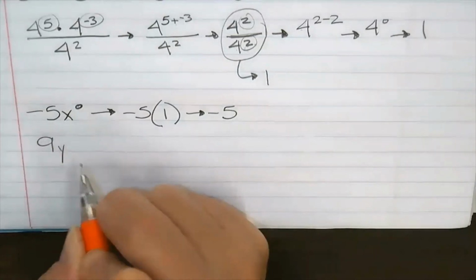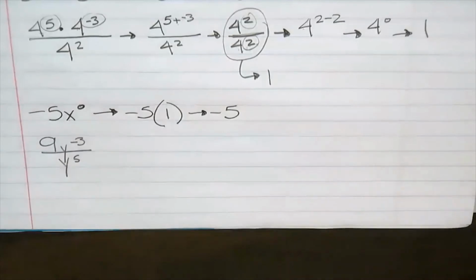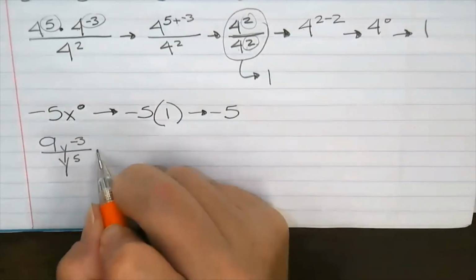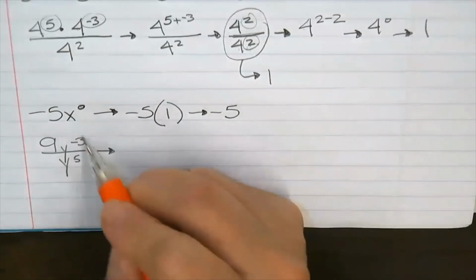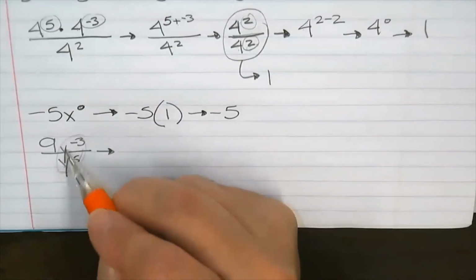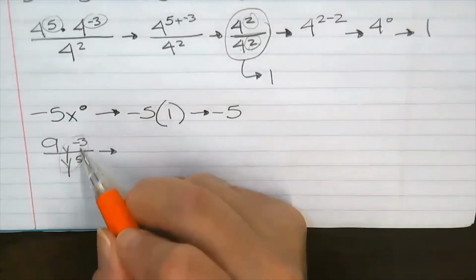Okay, let's do a couple more. 9 times y to the negative 3 divided by y to the 5th. This is what we did yesterday, division. My base is the same and I'm dividing, so I'm going to subtract my exponents.